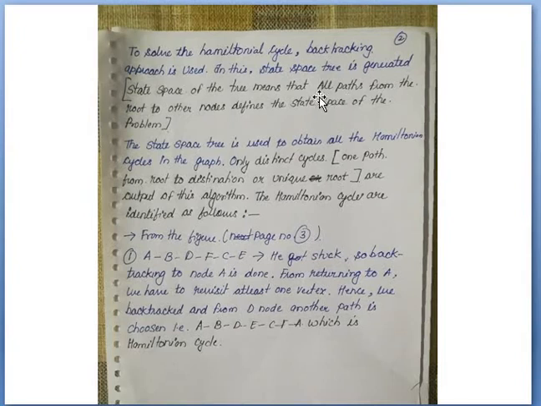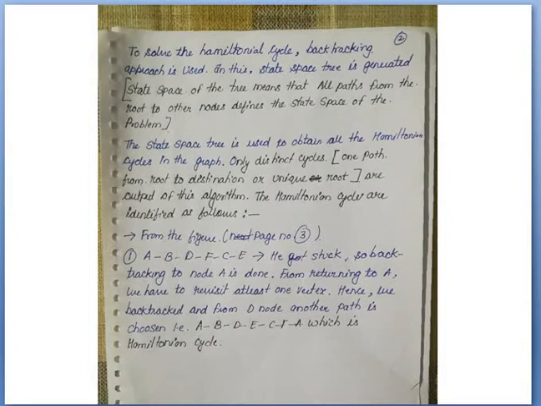In simple words, the state space tree is used to obtain the Hamiltonian cycle of the graph, so we get one distinct cycle as the output of this algorithm.